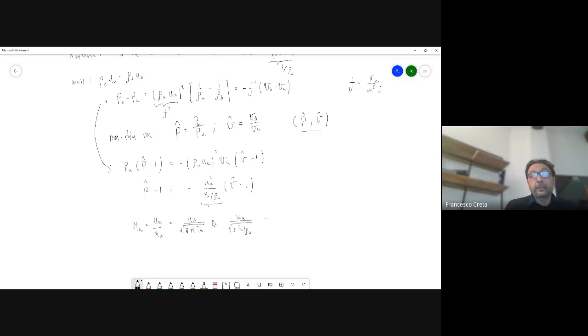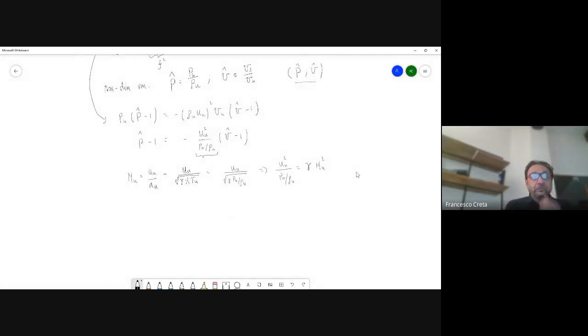So that means essentially that this quantity here, u_u squared divided by P_u over rho_u, is nothing else but gamma and then the Mach number squared. So we have a very convenient form of the Rayleigh lines, which is the following.